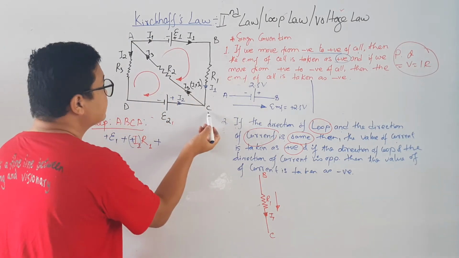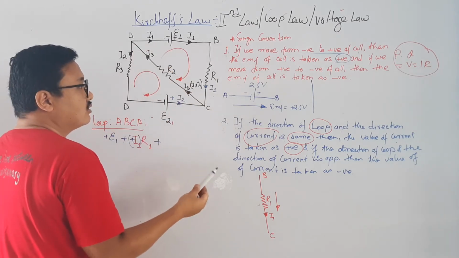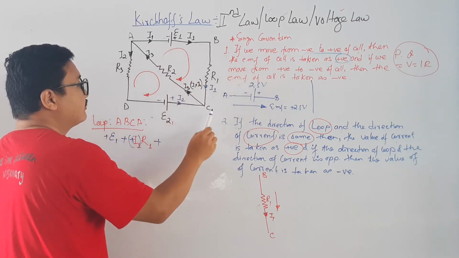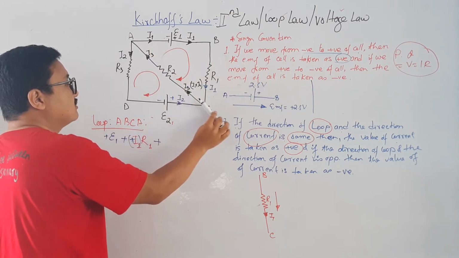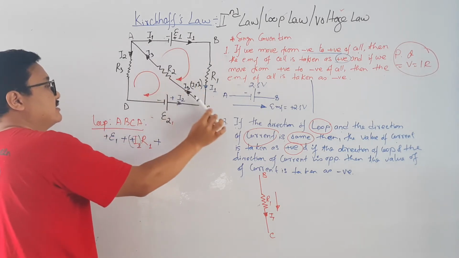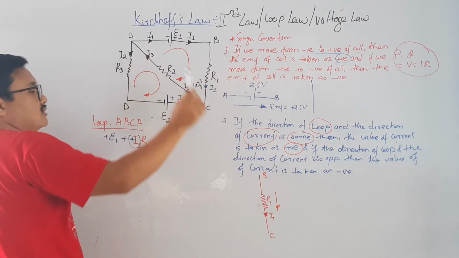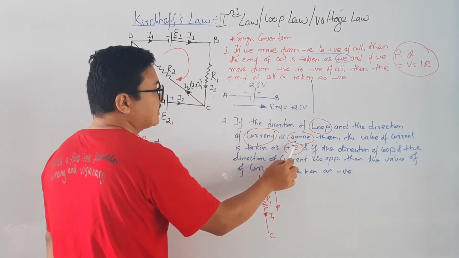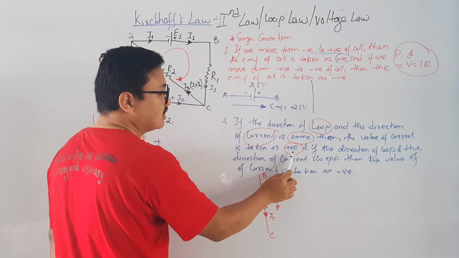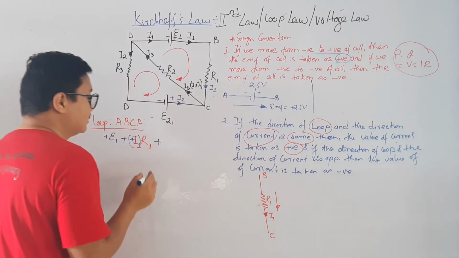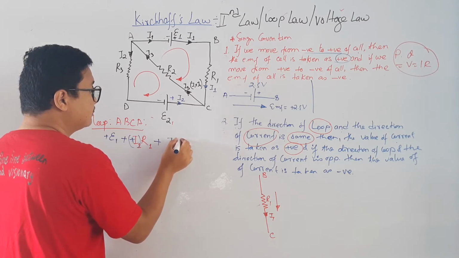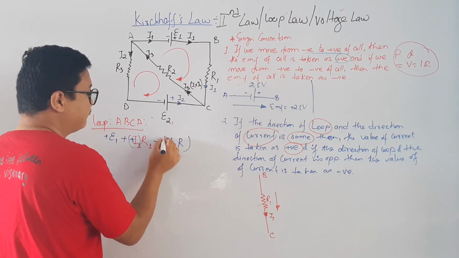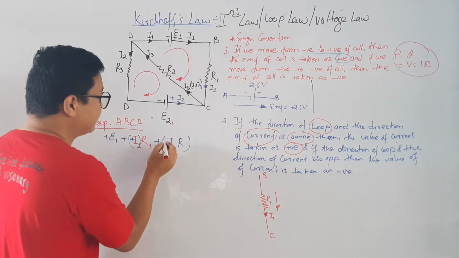Now I will go from C to A. Whenever I go from C to A, I am going in this direction, and the direction of current is also in the same direction, isn't it? It is in the same direction. So the direction of current and the direction of loop are the same, and the current is positive. So there will be a potential drop. How much is the potential drop? I into R is the potential drop, and I is positive.